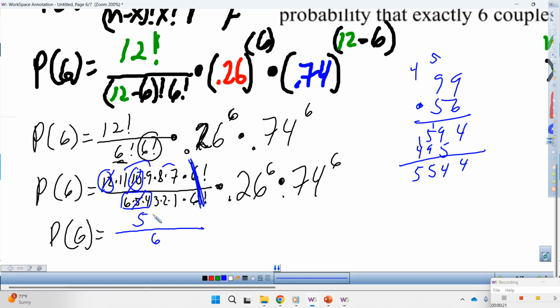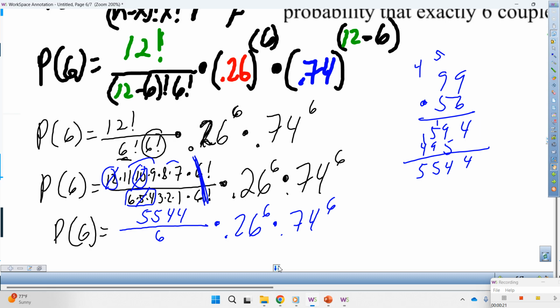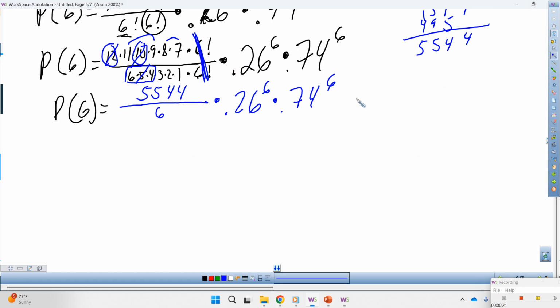Okay. 5544 times 0.26 to the 6 times 0.74 to the 6. Let's see if I can do the division in my head. P of 6. Let's see. 6 fits into 55. It fits in there 9 times. Carry 1. That's 2. Carry 2. That's 4.